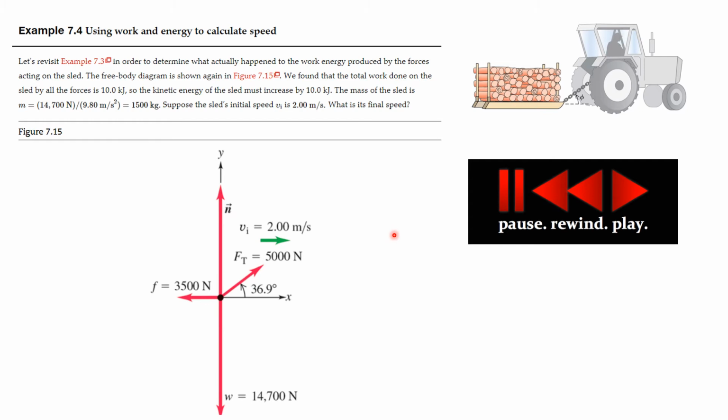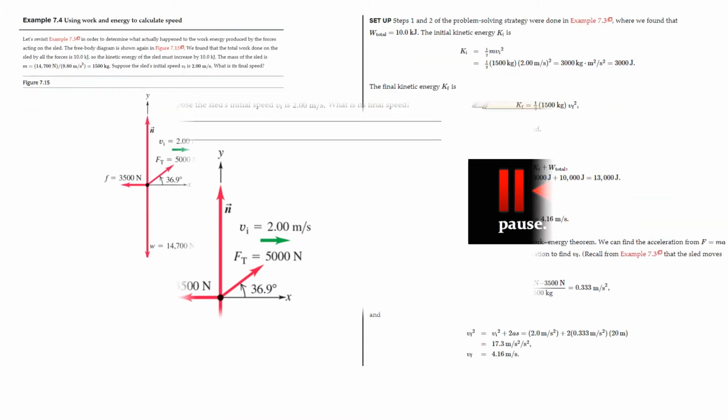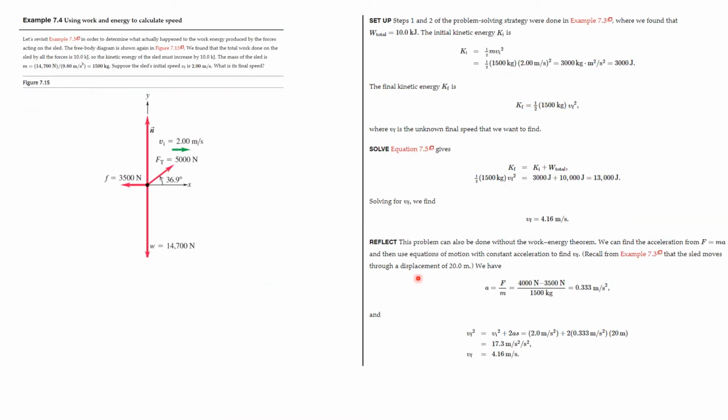Let's see how you did. All right, so what we're really going to do is look at the difference. The total work is going to be the change in kinetic energy.